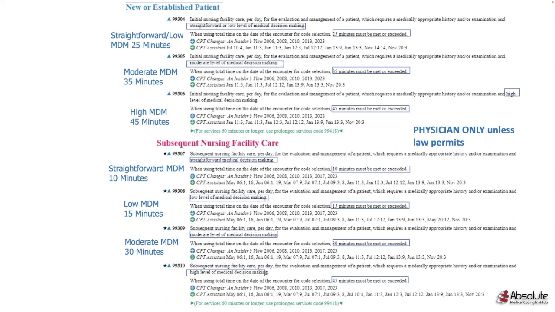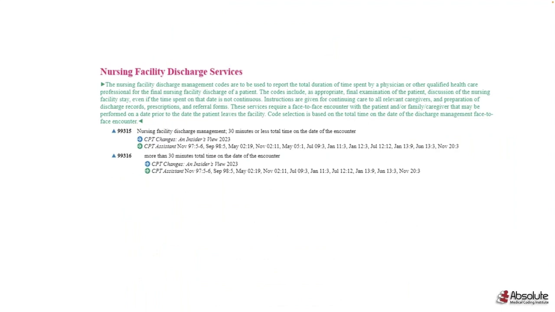Now I want to show you the chunk for nursing facility discharge. I spoke in the guidelines about being discharged from the hospital and then being admitted into the nursing facility. But when a patient is discharged from the nursing facility, they have their codes too.